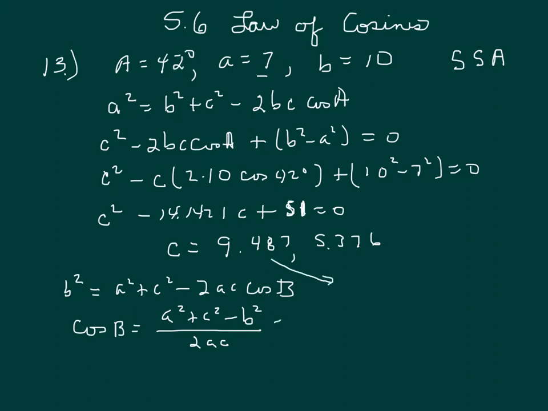If we take the first value of c and plug it into here, we get B equals 72.9 degrees. Maybe we call this B1. And then C1 would just be 180 degrees minus 72.9 degrees minus 42 degrees, which is equal to 65.1 degrees.